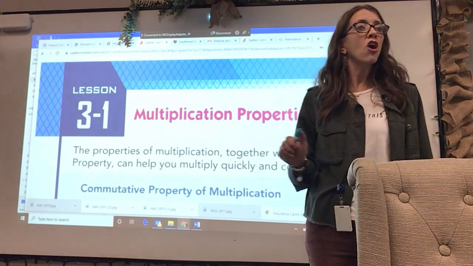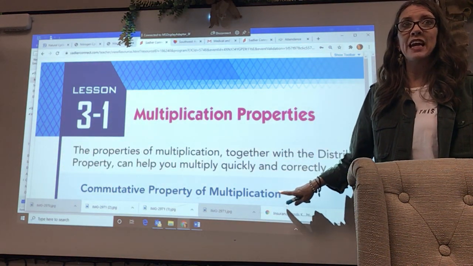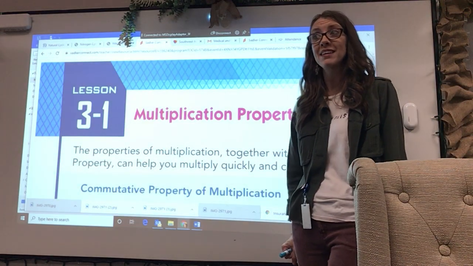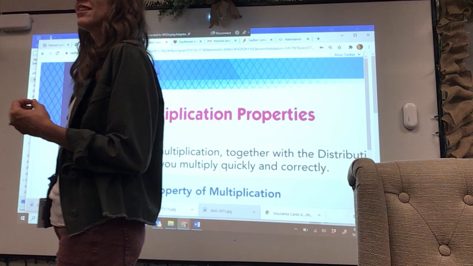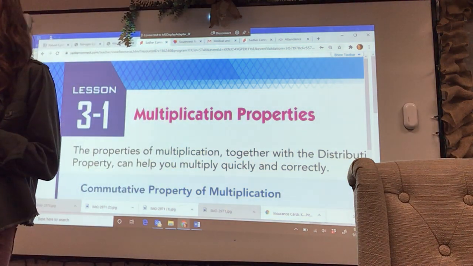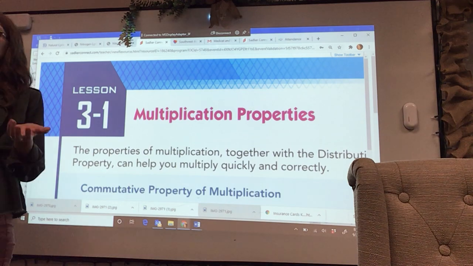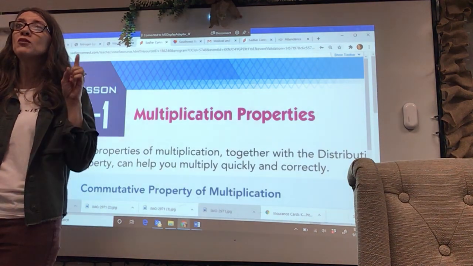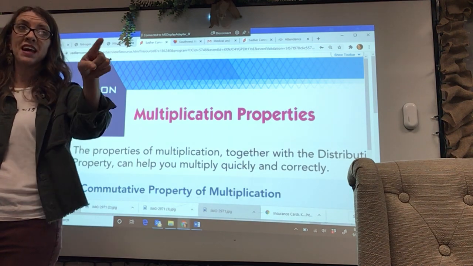There is something called the commutative property of multiplication. We've already learned about the commutative property of addition. So who can tell me what the commutative property of multiplication would mean? Remember, the word commutative means what? Commutative, yes?